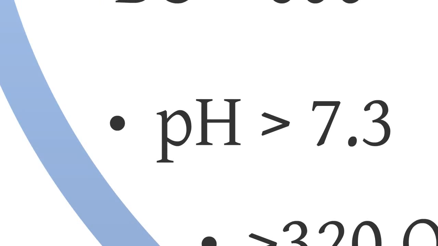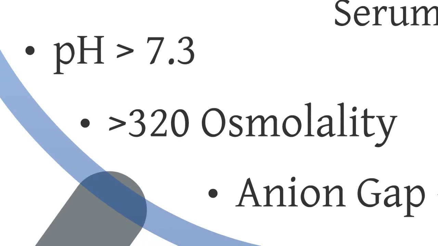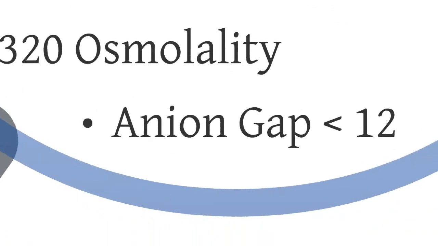In addition, the pH of HHS usually ranges greater than 7.3, not consistent generally with an acidosis. Next, there is elevated serum osmolality, usually greater than 320. This is where the hyperosmolar of HHS comes in. This is due to the hyperglycemia present. Another differentiating feature is that there is no anion gap in HHS, as opposed to DKA, which has an elevated anion gap.